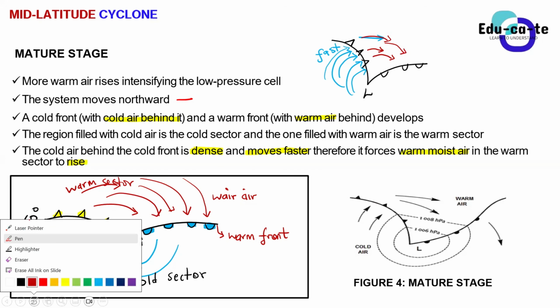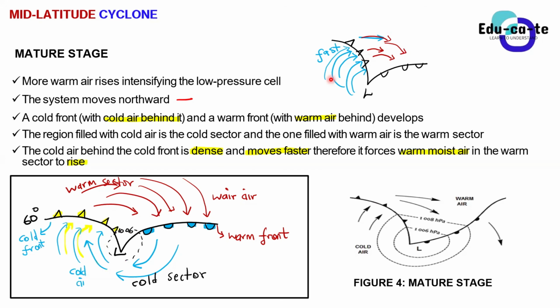So as this cold air is pushing and pushing, the warm air will be forced to rise, guys. So the warm air here will be forced to rise up because this is all happening at the Earth's surface. It's all happening at the ground. So this cold air that is moving fast and pushing the warm air is forcing this warm air in the warm sector to rise.